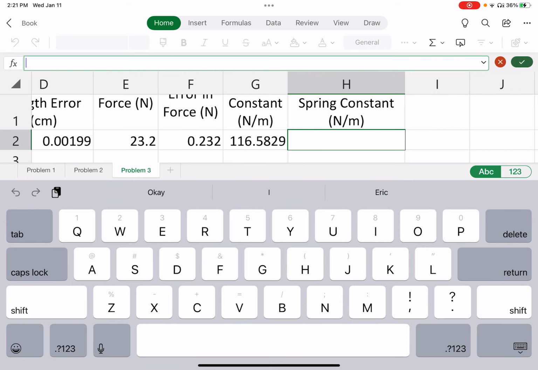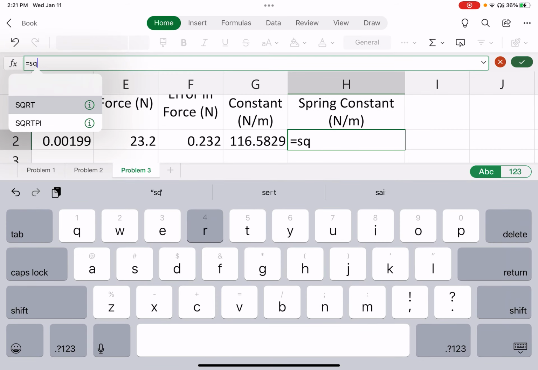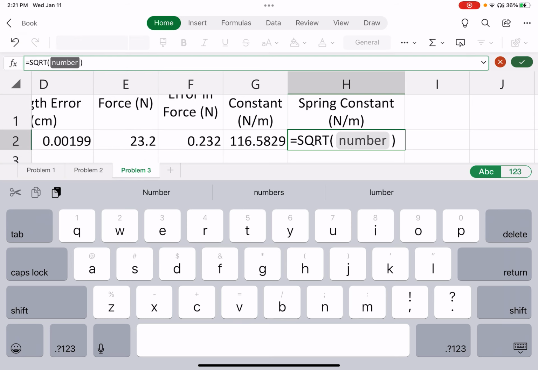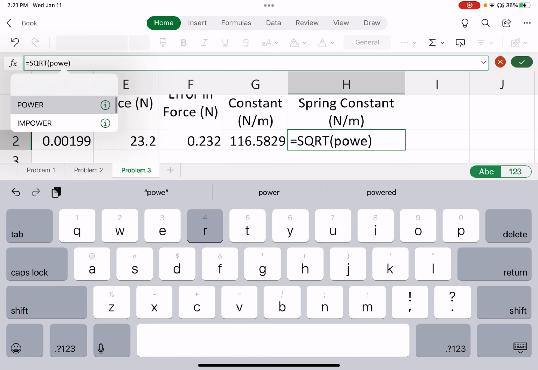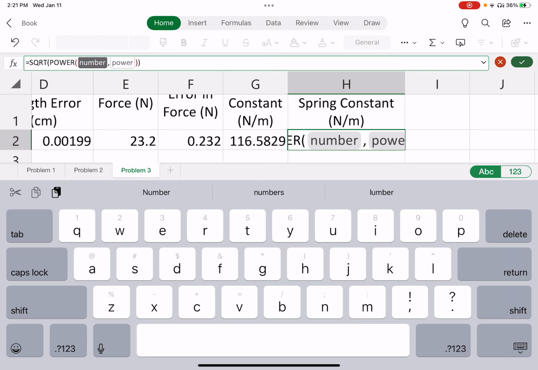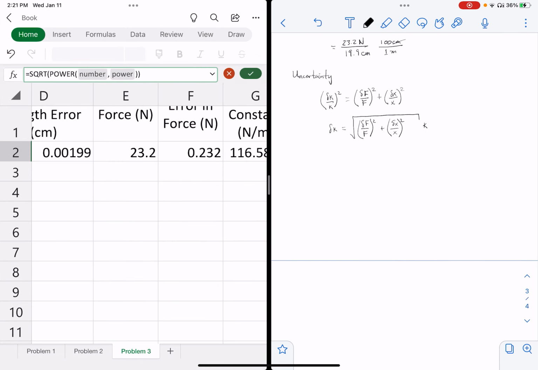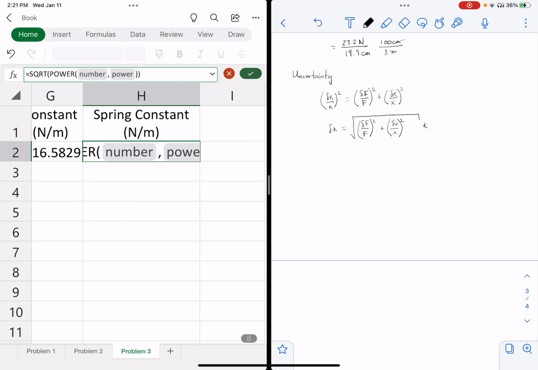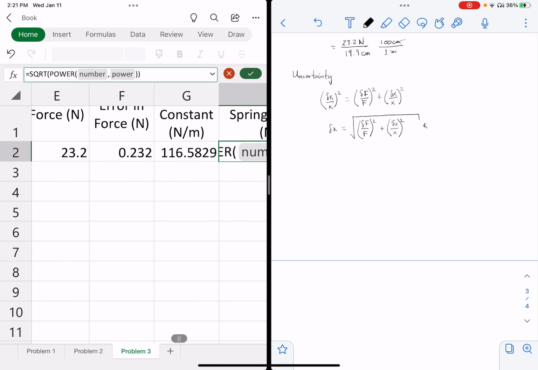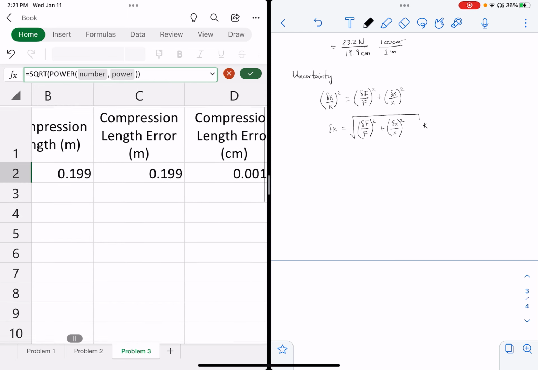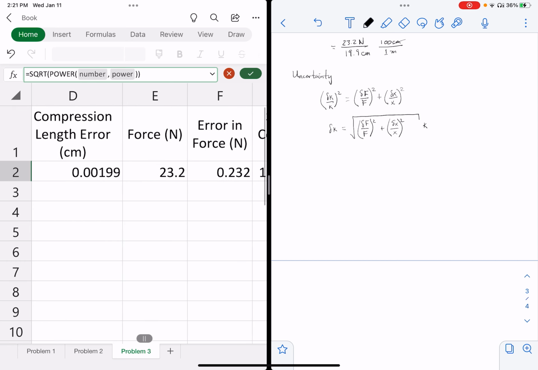Well, we are going to say equals SQRT, if you guys remember, and we are going to have the power. And so that's going to be the power of, and let me pull up my sheet real quick so we can see that. So you can see it's the power of the uncertainty in the force. So let's see if we can find that.